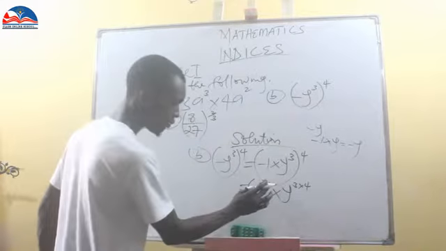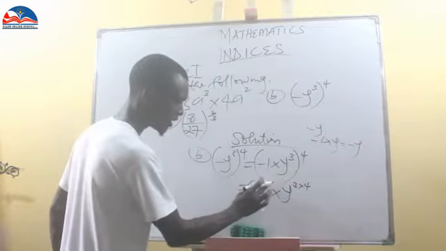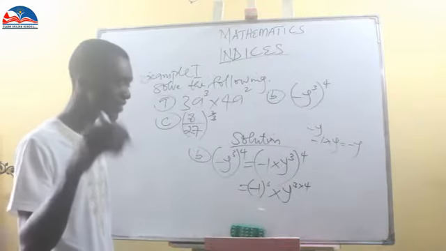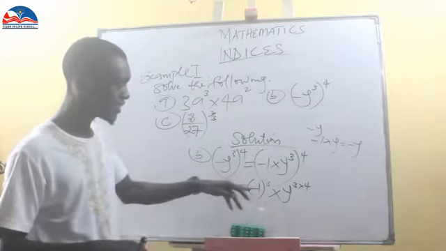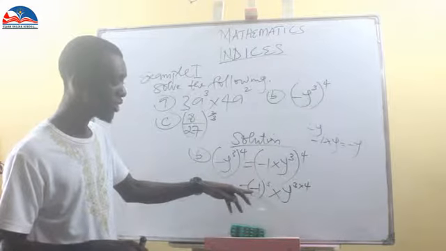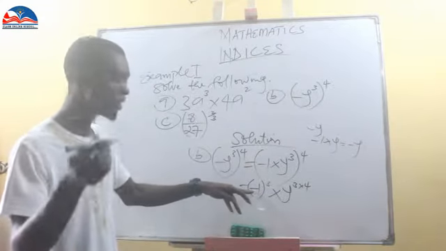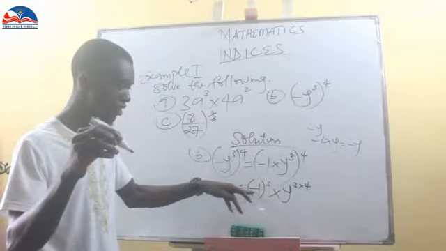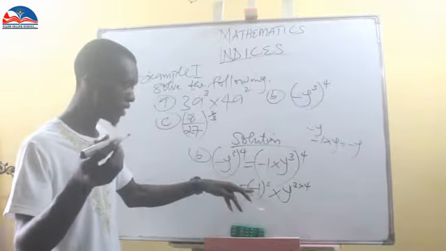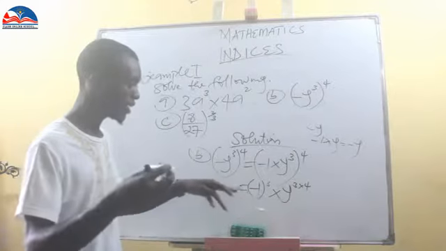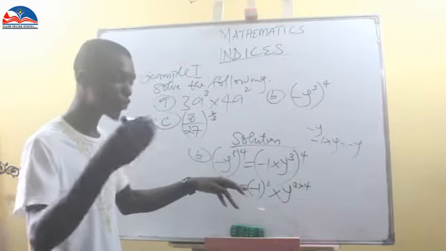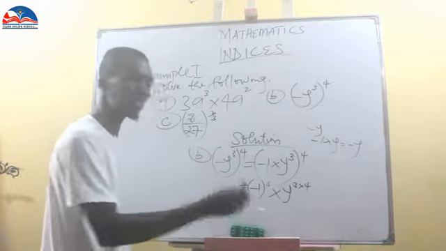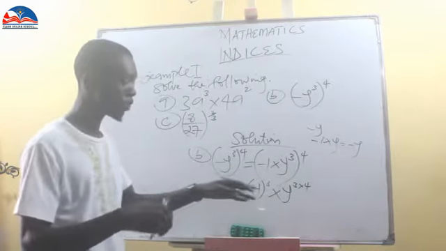If a negative number is indexed by an odd number, the sign will definitely be negative and remain negative.